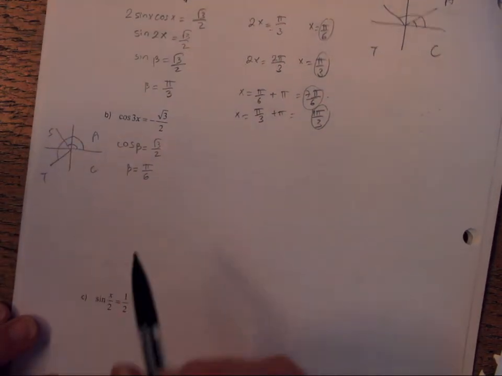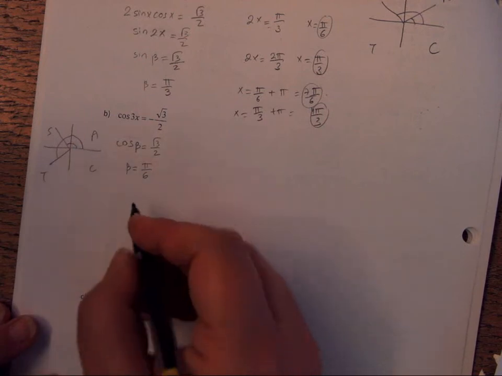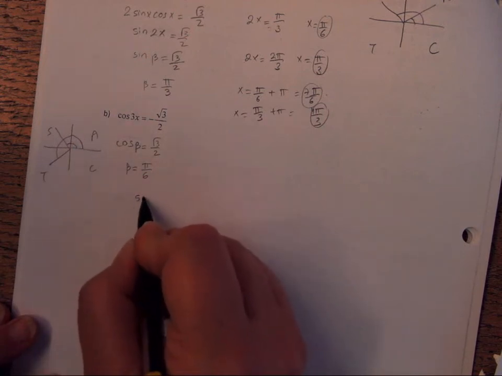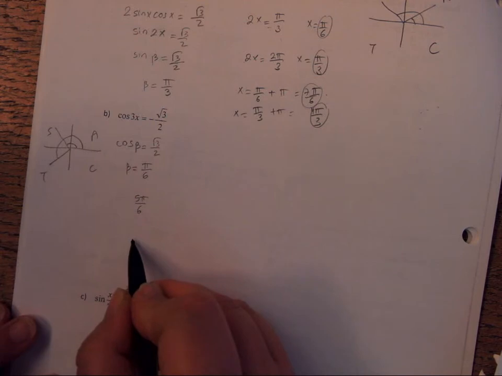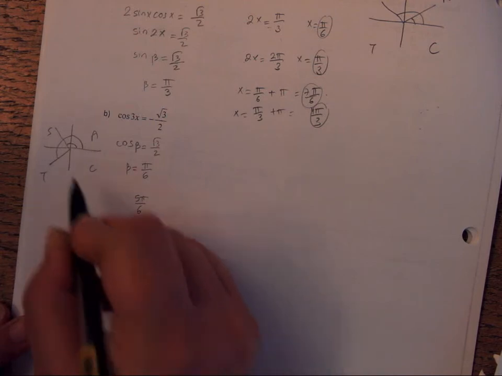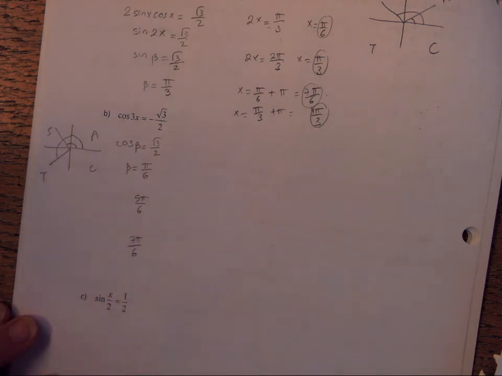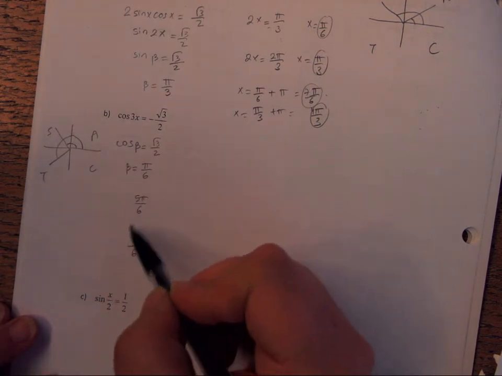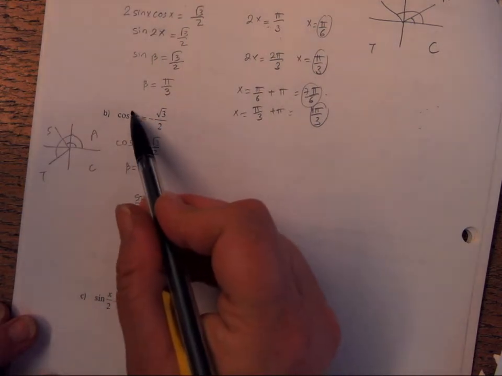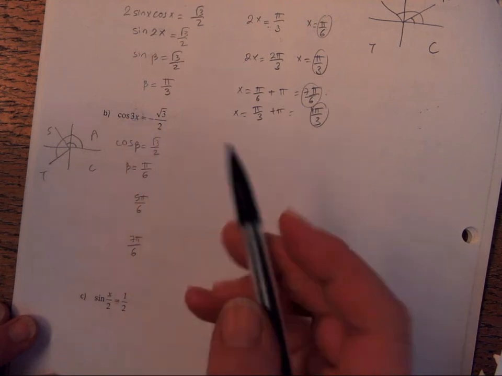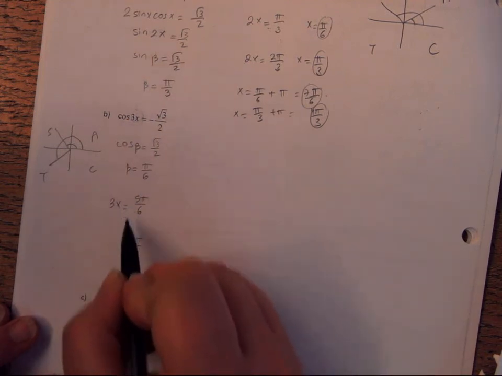Then those two angles are going to be pi minus beta. So one of them is going to be 5 pi over 6 and the other one is going to be pi plus beta, so 7 pi over 6. But these are not x. Those are going to be 3x.